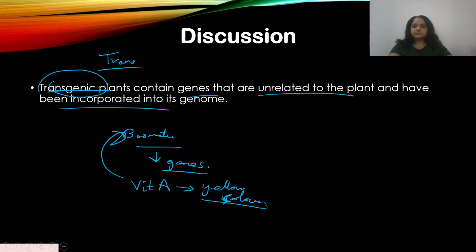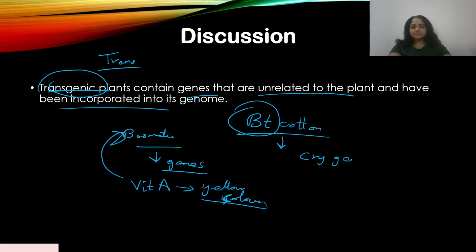A crop. Like for example, BT cotton, same principle here, right? BT cotton is not a normal cotton anymore. It's a transgenic plant because now we have incorporated this BT gene, the cry gene, into it, which is producing that toxic protein that eventually affects the insects that attack it. So these genes are unrelated to the plant and have been incorporated into its genome.